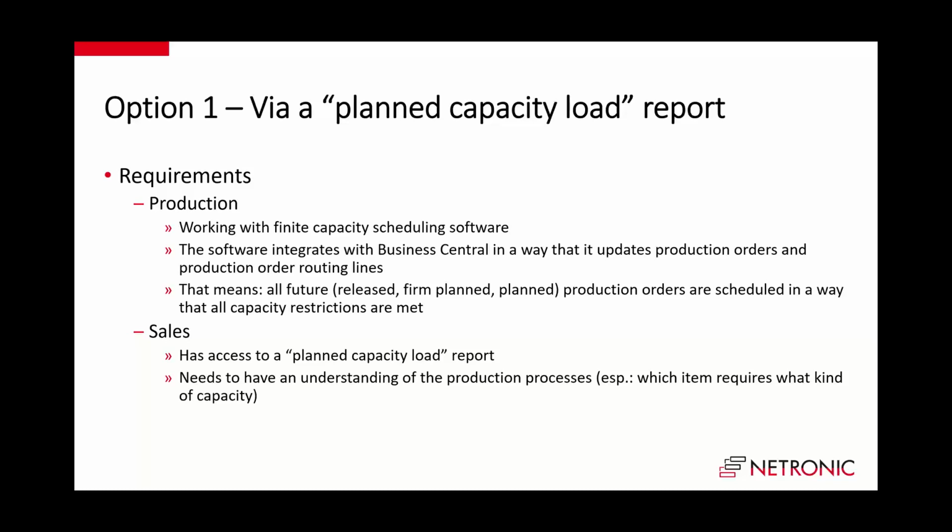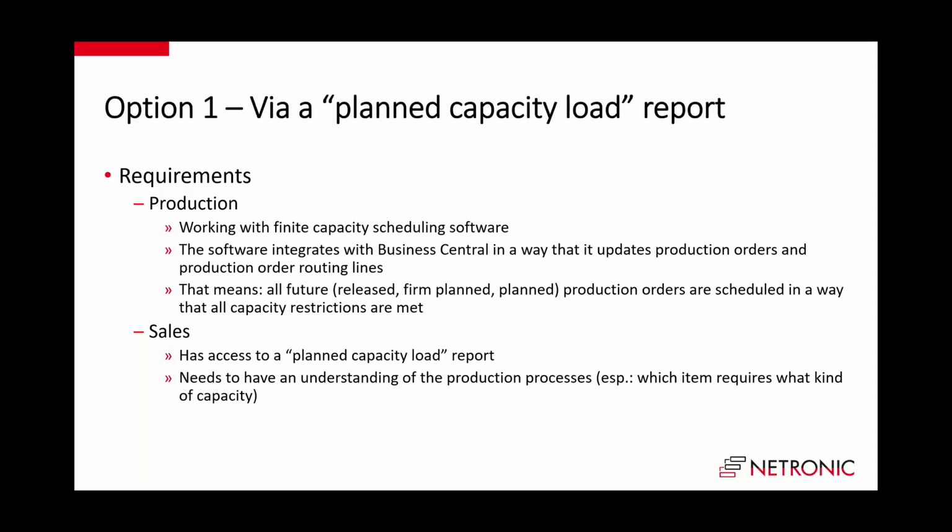The salespeople must have access to what I call a planned capacity load report. And they also, and sometimes this is underestimated, and this has nothing to do with software, have to have an understanding of the production process. So if they get an inquiry, they need to know what kind of machines I need, and roughly in which magnitude of order.